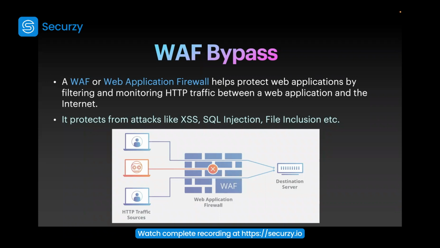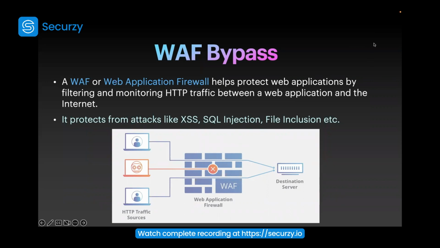Now, firewalls are of different types. There could be a hardware firewall or a software firewall as well. Firewalls can also be placed between different networking devices in an infrastructure.